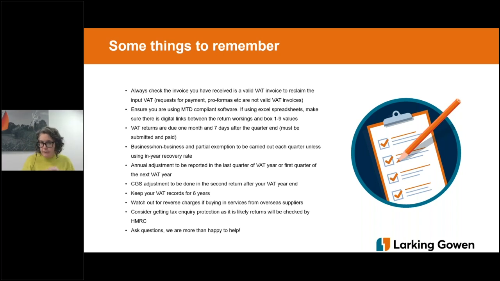Keep your VAT records for 6 years so that they're available for HMRC should they come and want to look at them. You can keep them electronically or in hard copy, whichever you prefer, as long as they're able to be provided to HMRC. Watch out for reverse charges if you're buying in services from overseas suppliers.